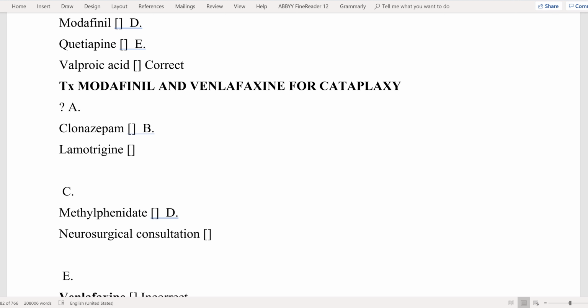So what are the criteria to give bisphosphonates for osteoporosis? You have to have a FRAX percentage more than 20. And your Z score should be, no, not the Z score.